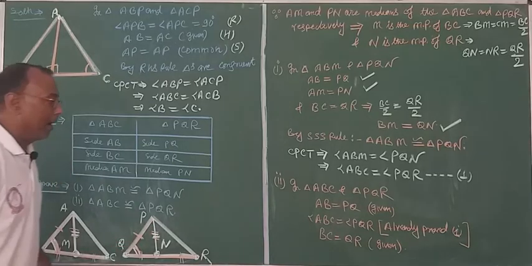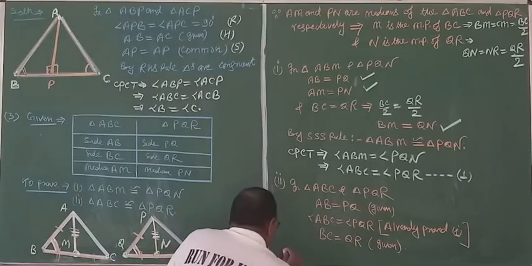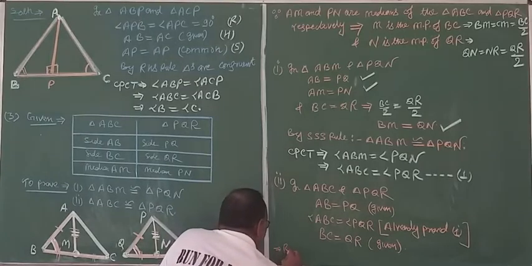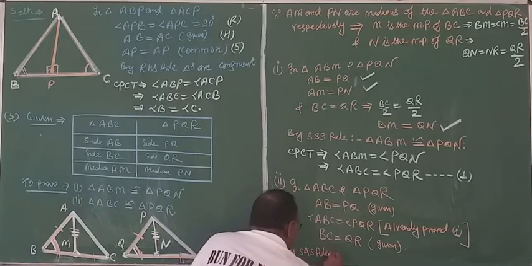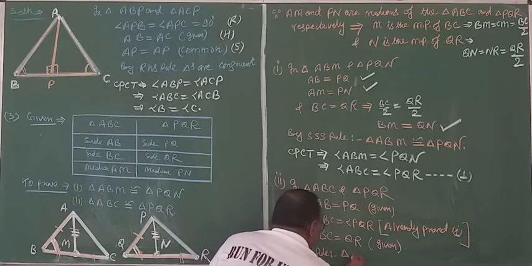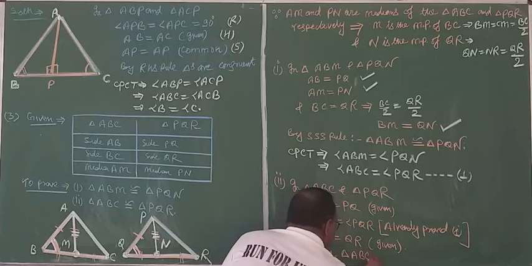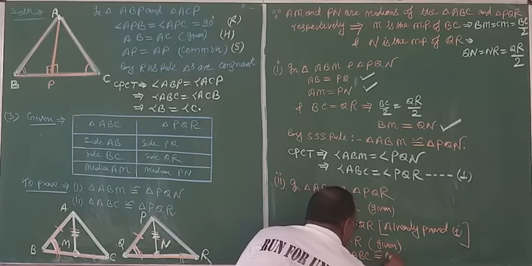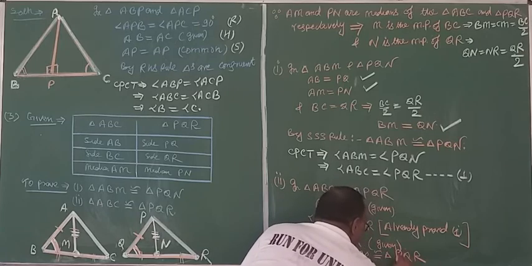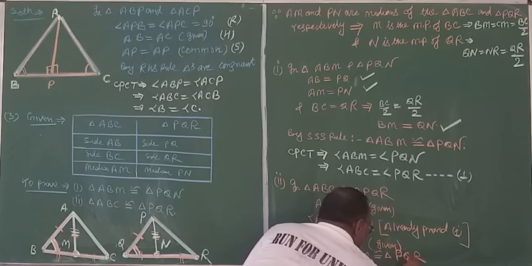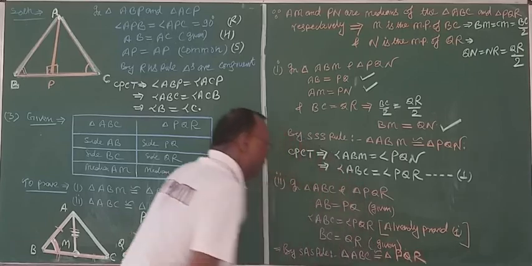By SAS rule, therefore, triangle ABC is congruent to triangle PQR.